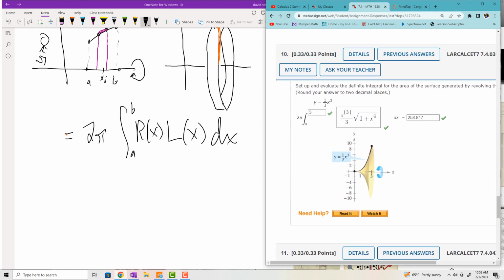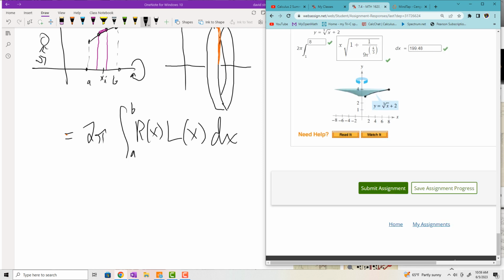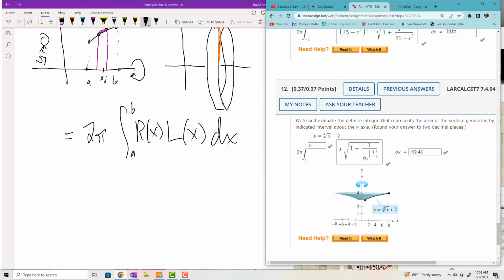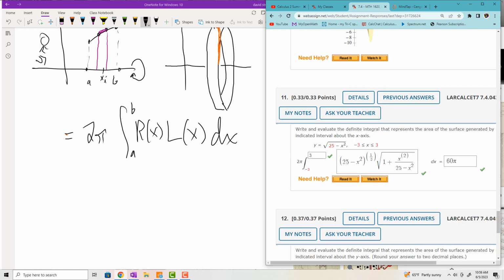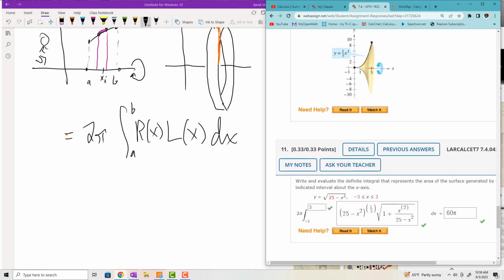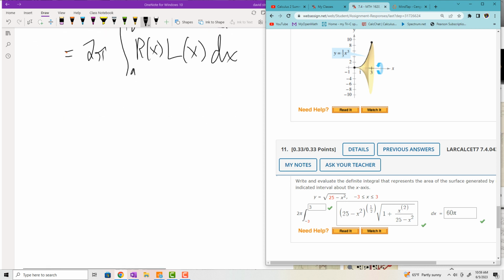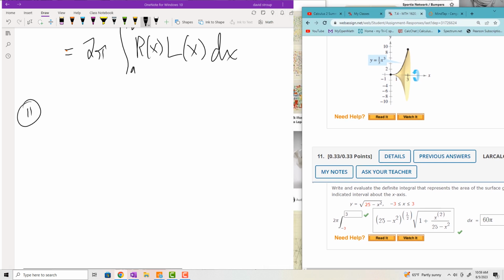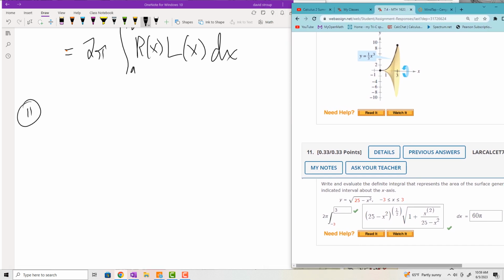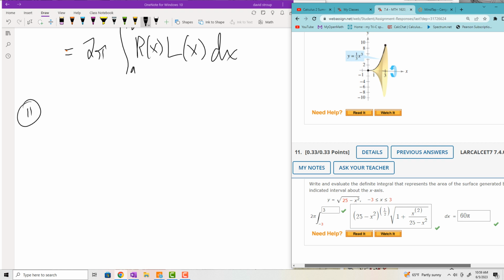I guess we could look at number 10 maybe, and then number 12 is a bit odd. The mechanics of number 11 were kind of annoying, so let's look at number 11 and number 12.